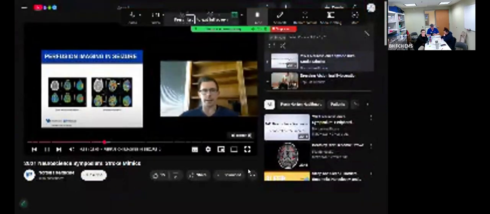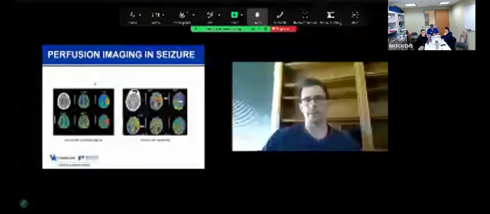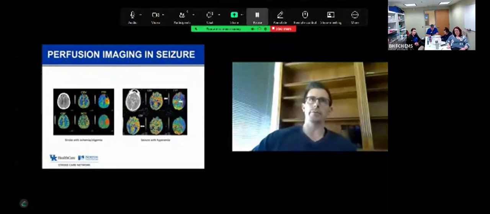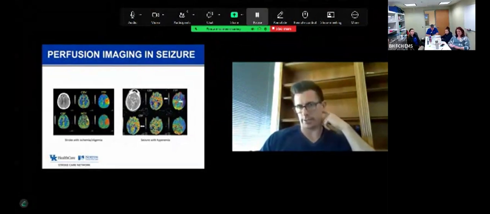What we're seeing here is a patient with left hemispheric symptoms and a left hemispheric stroke. We're looking at maps of cerebral blood volume, time to peak, which is how long until the contrast moving through the capillaries reaches its maximal intensity, cerebral blood flow, which is analogous to time to peak, and mean transit time, which is also analogous to time to peak, basically just showing us how quickly blood moves through the brain.